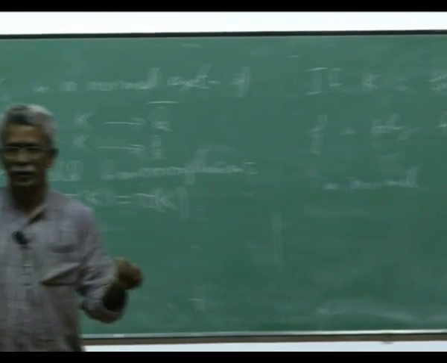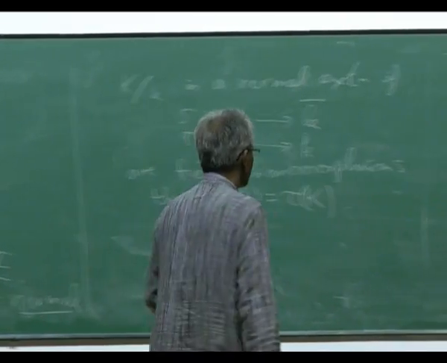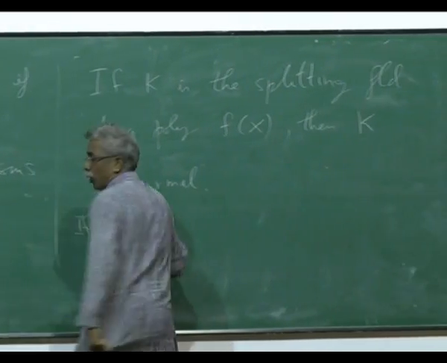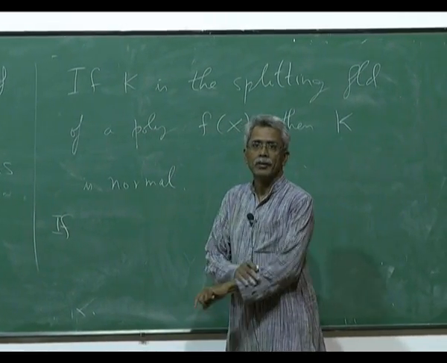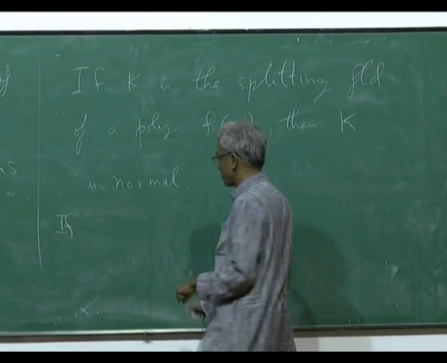Let us assume that capital K is finite over small k. This is a consequence of what is called the primitive element theorem. I do not have time to go into the primitive element theorem; I want to do a lot more examples.